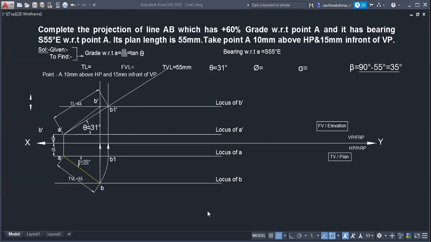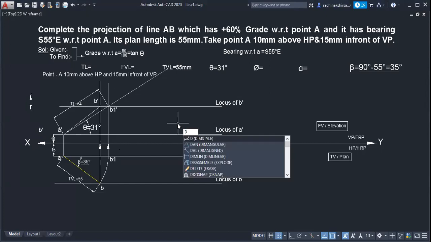54 is alpha. And what is A dash B dash? FVL. How much is FVL? 27, 28. How much did you get for FVL? 37, sir. 37 degree.